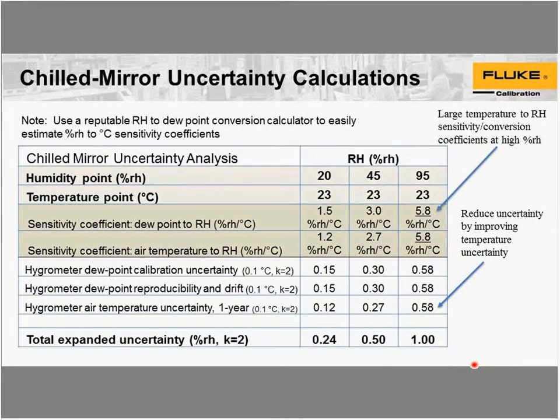Which RH sensor is reliable for measurement? That's a tough question to answer. I think there are a couple of really good ones. I really am impressed with the capacitive type sensors. The sensors like the one that the Fluke uses work well too.